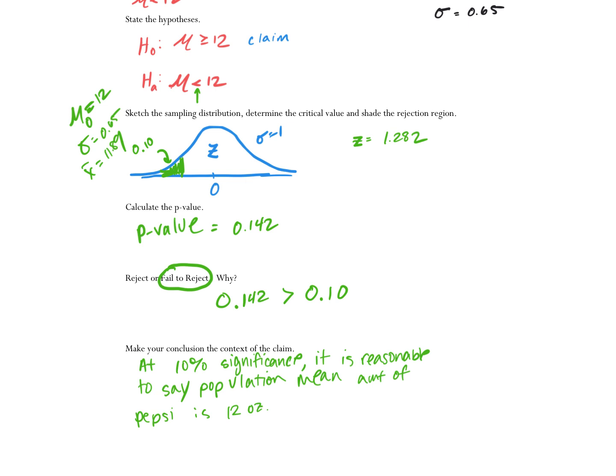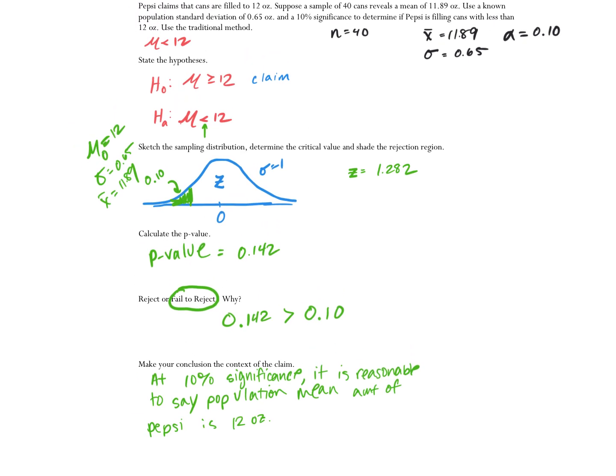That's the claim, right? Pepsi claimed 12 ounces, and we're not rejecting the claim in this case, that claim being the null hypothesis. Everybody good? All right. We skipped an example earlier that I would like to go back to.